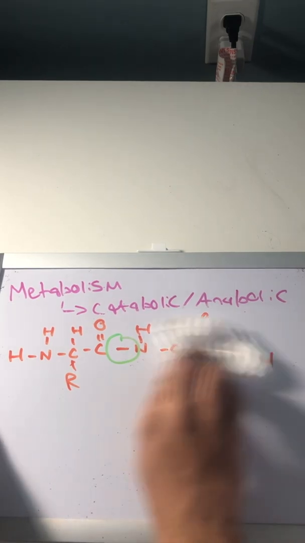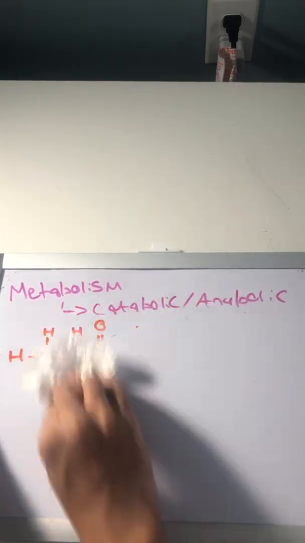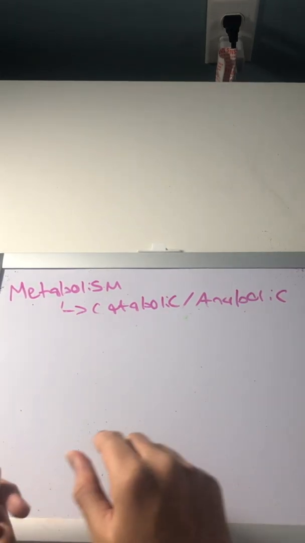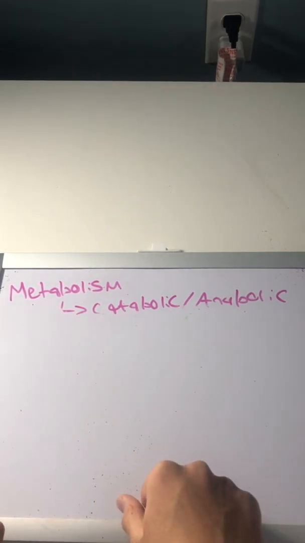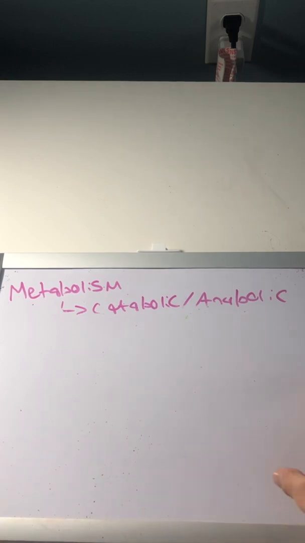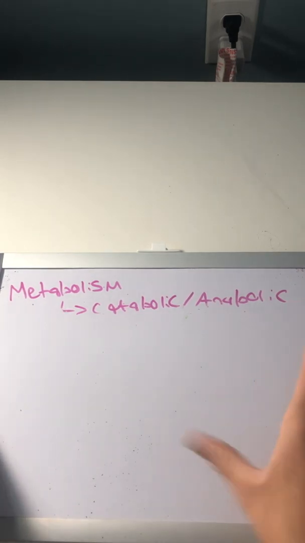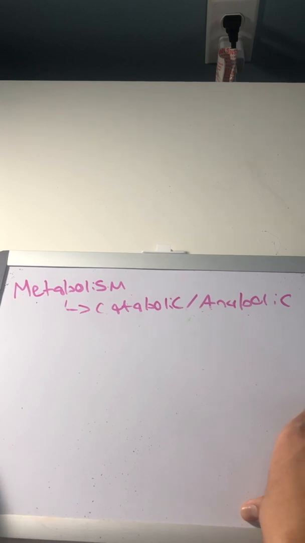Now we're going to be looking at a hydrolysis reaction. Within a hydrolysis reaction, it is actually the opposite. We don't have a water molecule as a product at the end. We need to utilize water molecules to break different types of bonds depending on what macromolecules they are.